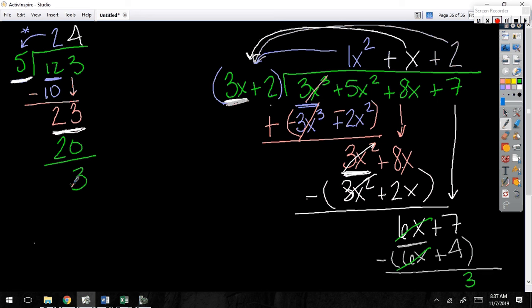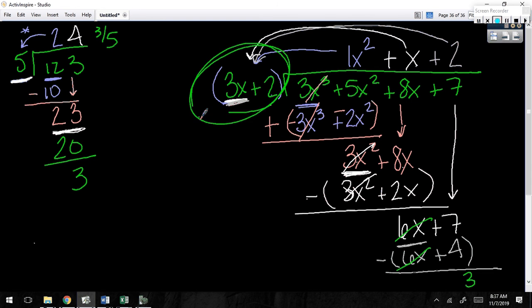That's exactly right. So what we do is we write it as a fraction. Over here, I could write this as 24 and 3/5. Okay? We're not going to just put R3, like everybody always wants to do. So what we do is we take the remainder and we put it over what we divided by.